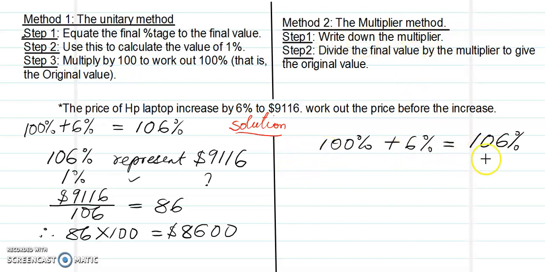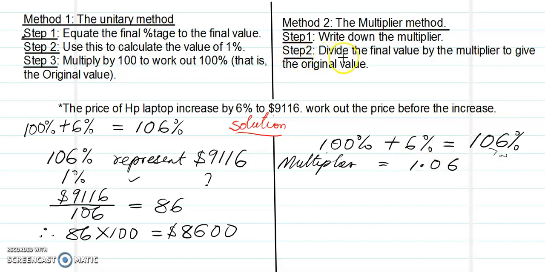The multiplier simply means dividing by 100. So the multiplier of 106 gives us 1.06, because if you divide this by 100, that gives us 1.06. Okay, this is the multiplier.